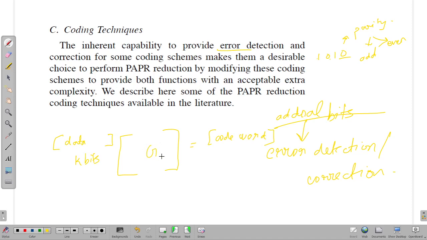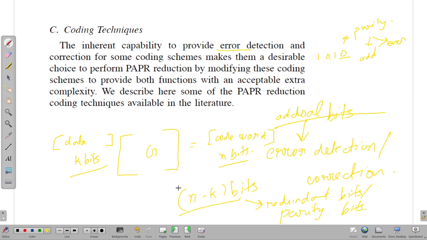They are all binary in nature. After multiplying the data with the generator matrix, you get a code word with n bits. So k bits have now been changed to n bits, and these n minus k bits are the additional bits, the redundant bits, or you can call them parity bits. They help in the error detection and correction process.